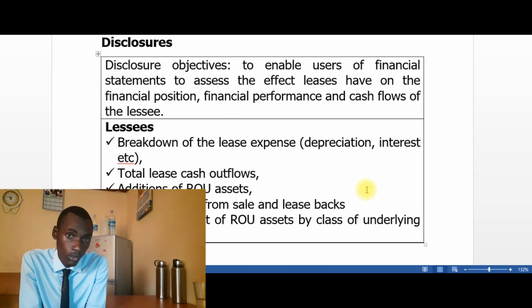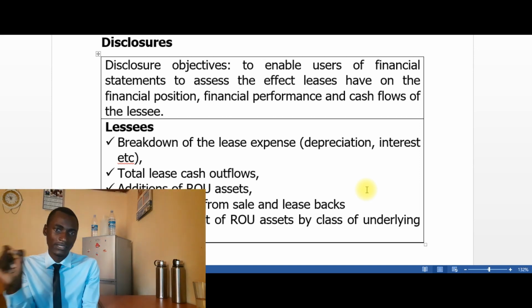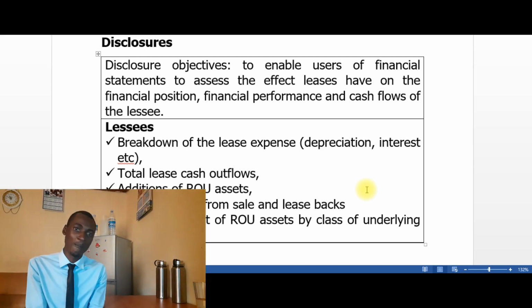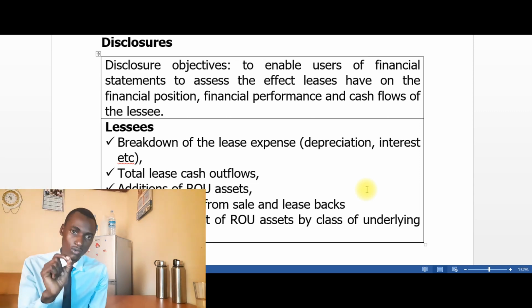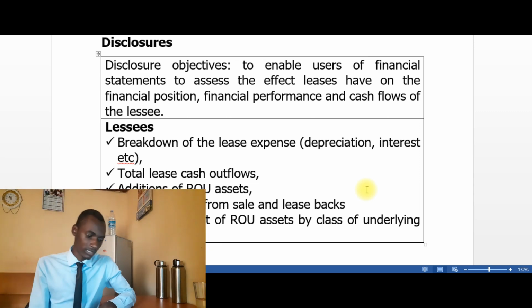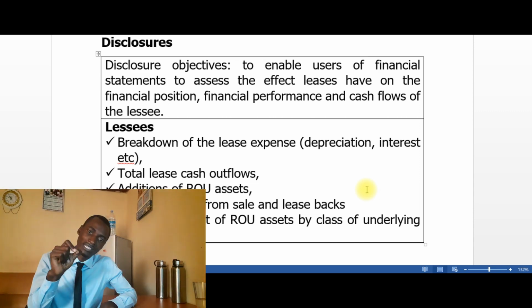However, it can be a choice of the entity either to present them under financing activities or operating activities. But whichever is the case, you have to apply that consistently. So if we decide to present them under operating activities, then let that be the policy always.